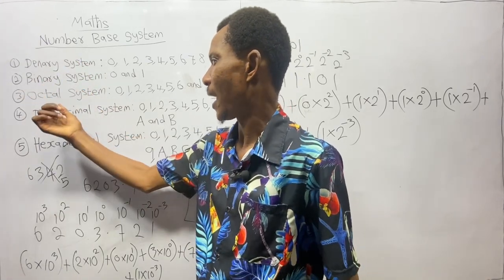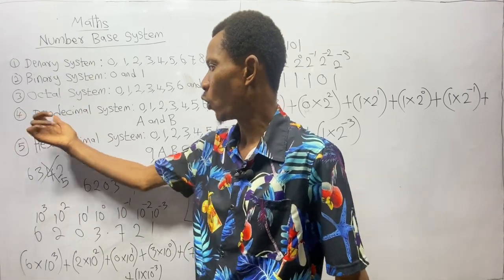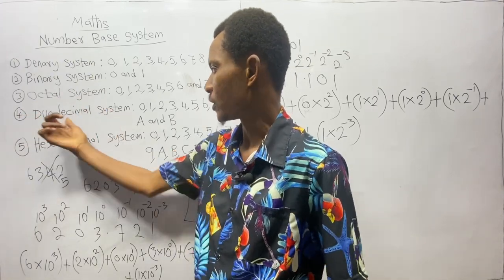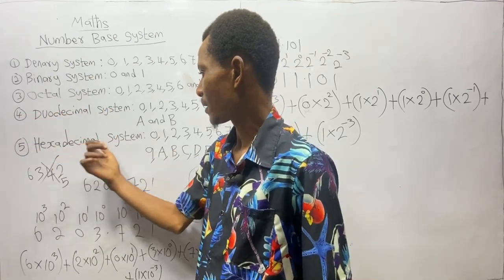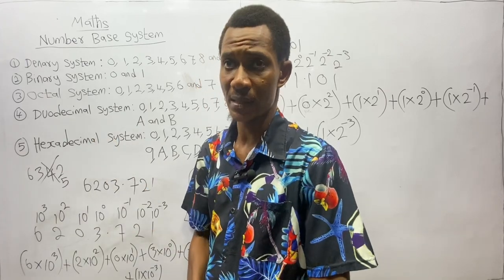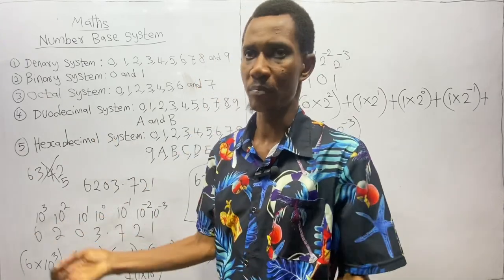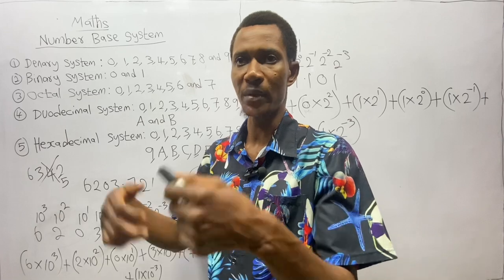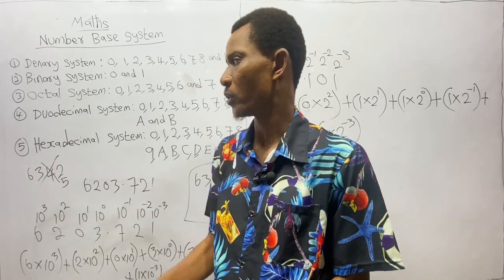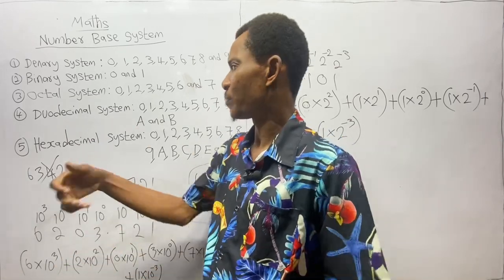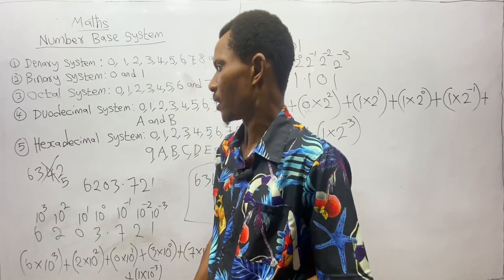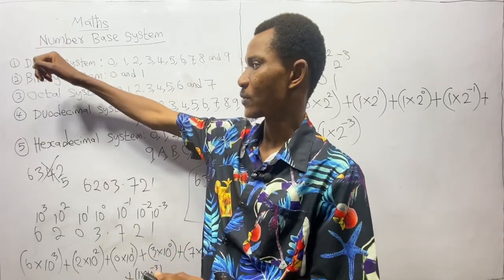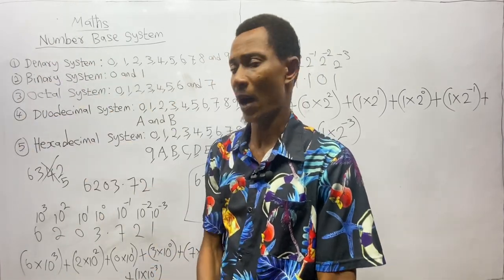Octal system, that's base 8. Duodecimal system, that's base 12. Hexadecimal system, that's base 16. We also have other base numbers, base 3, base 4, base 5, and so on and so forth. Those ones don't have specific names like this. So that's why, because these have specific names, I selected these ones out.